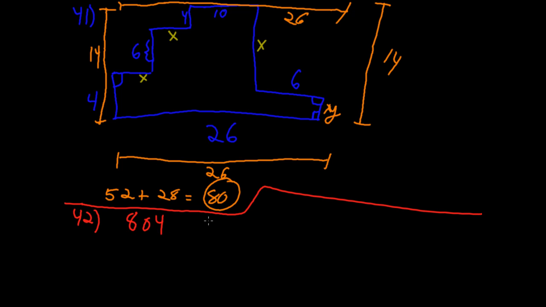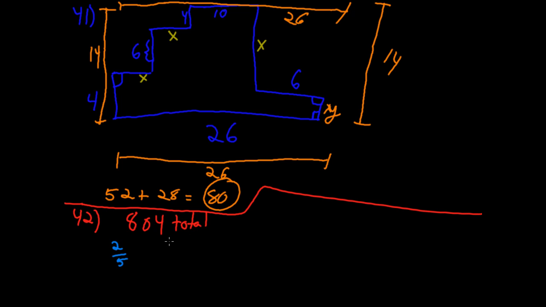So it says there are 804 graduating seniors in the entire class. So this is the total amount, 804 students total. And then it says approximately 2/5 are going to college. So out of all of these students that are graduating, only 2/5 are actually going to college.